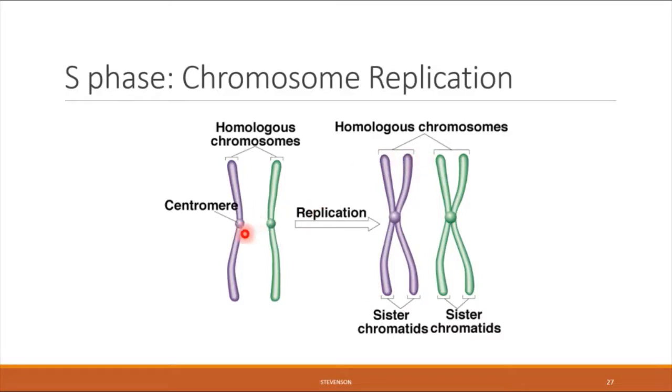The cell will replicate each arm of the chromosome so that it is paired with a second arm. And within the overall chromosome structure, a sister chromatid refers to 1/2 of the chromosome. So a P arm and a Q arm put together, of which each chromosome has 2.